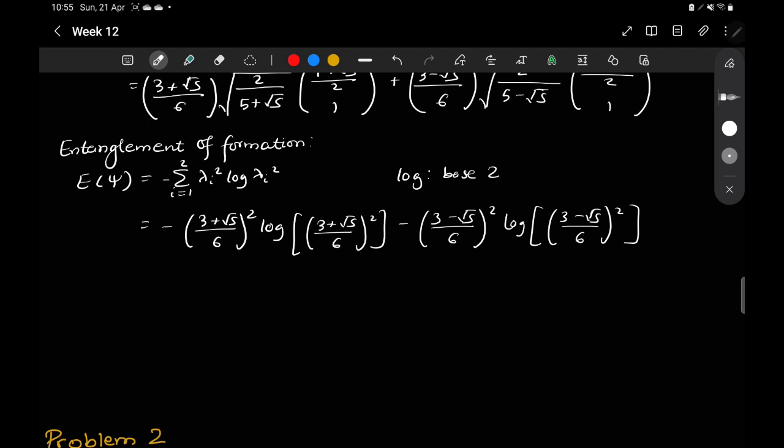And then add the next term, which is 3 minus root 5 by 6 squared times logarithm of 3 minus root 5 by 6 squared. I'm just typing it out in my calculator. You also put it in your calculator.